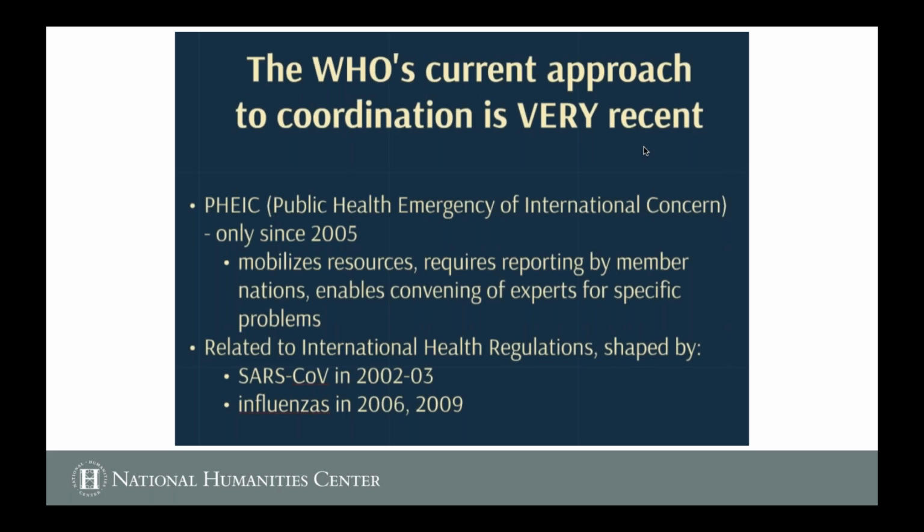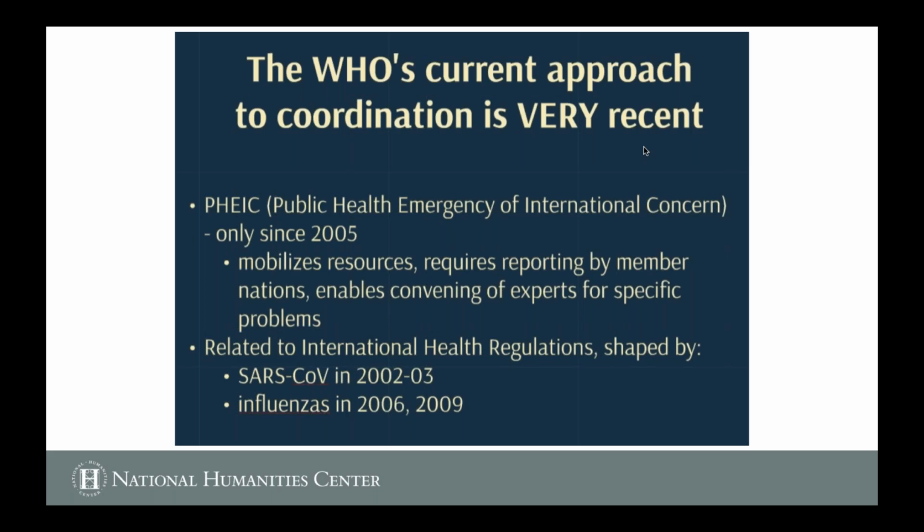And we have the PHEIC in part because of lessons learned from SARS in 2002, 2003, where we didn't have the same mandated reporting structures. We didn't have the same kinds of emergency expert powers or powers of convening emergency expertise as we do now. They've been refined in these International Health Regulations from avian influenzas in '06, '07, and then H1N1 in 2009.